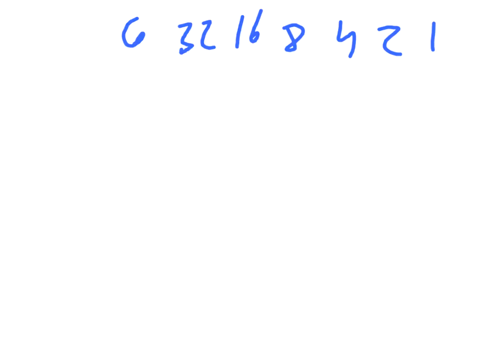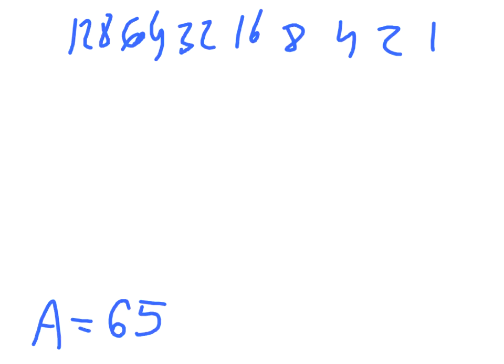So what does the book say? Remember 1, 2, 4, 8, 16, 32, 64, 128. Let's say A is 65.